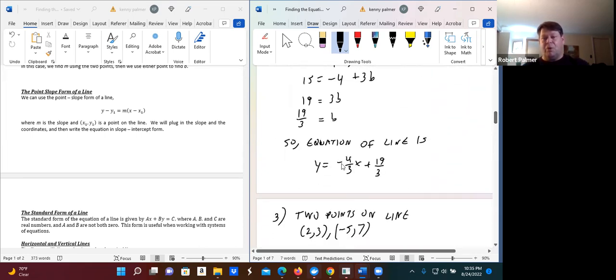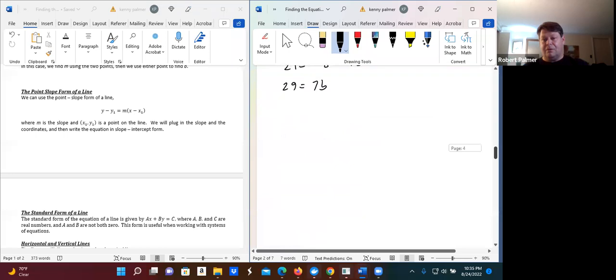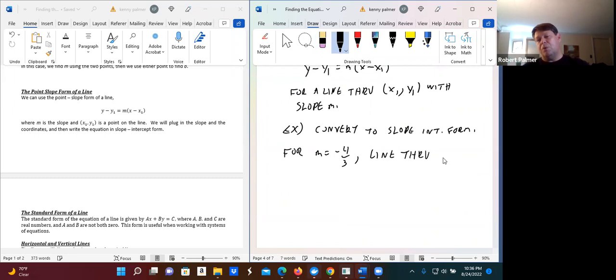Here, the equation of our line looked like this. Let's show that we get that. So for our example here, we have a slope of -4/3, and the line goes through the point 1, 5.